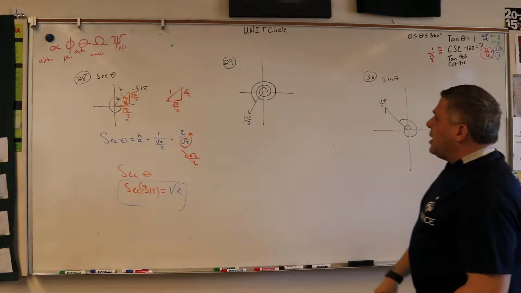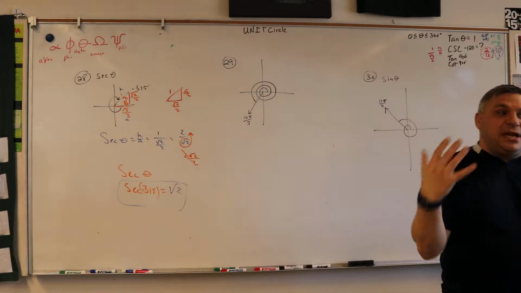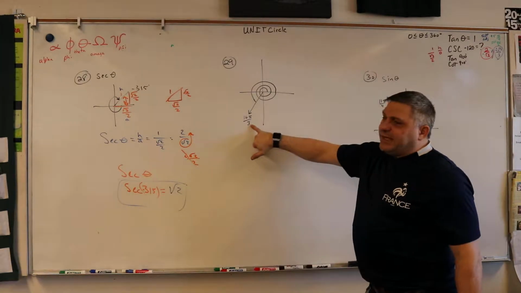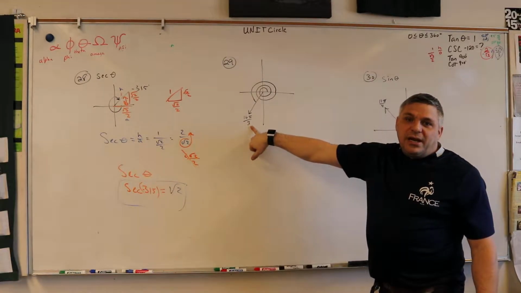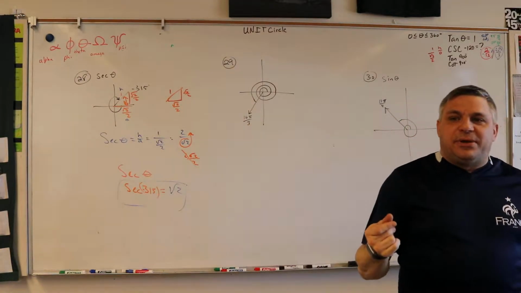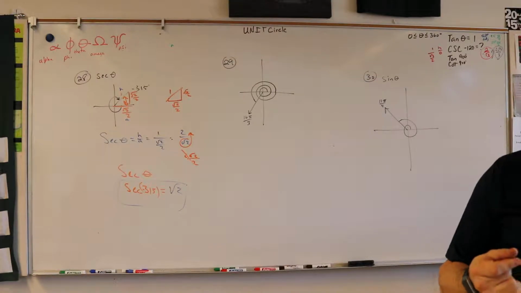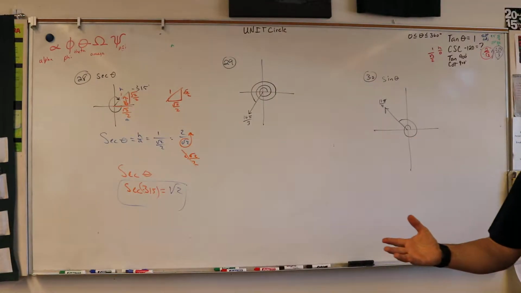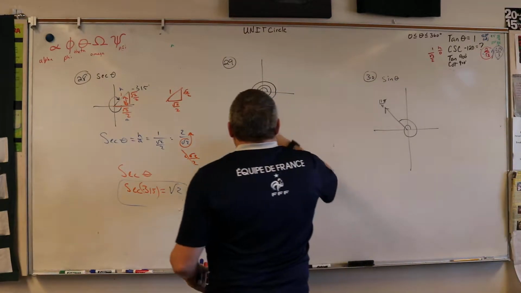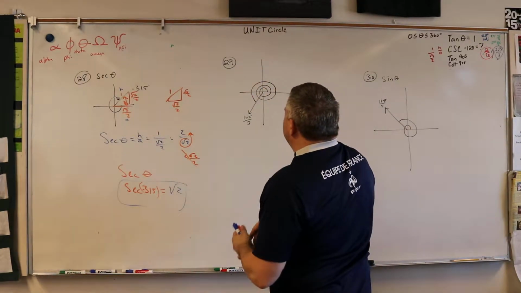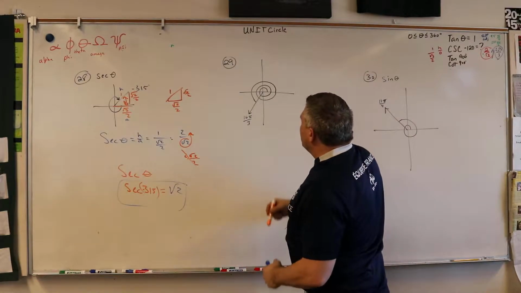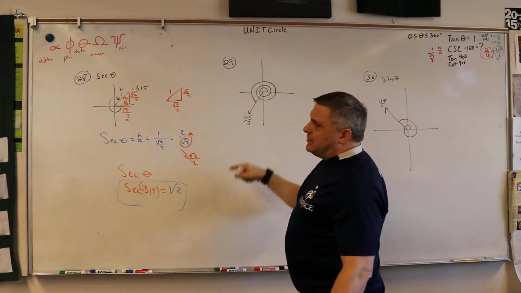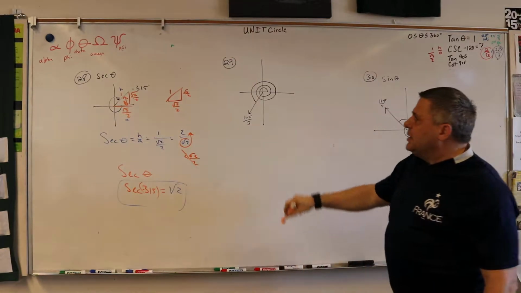Now, this one is in radians. If it's 3 or 6, I know right away it's going to be 30, 60. If it's 4, I know right away it's 45. So I need to figure out 16 times around when I have 3.